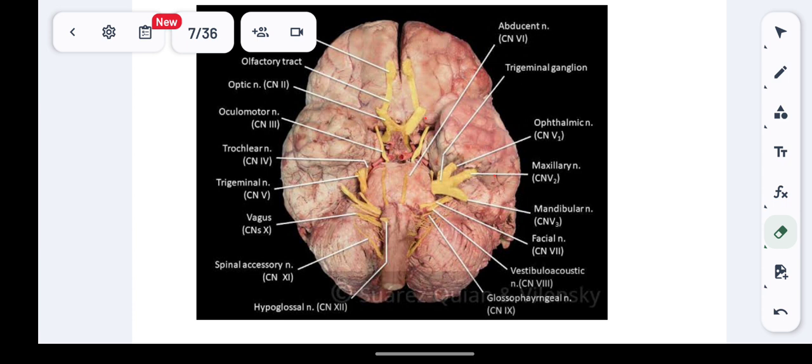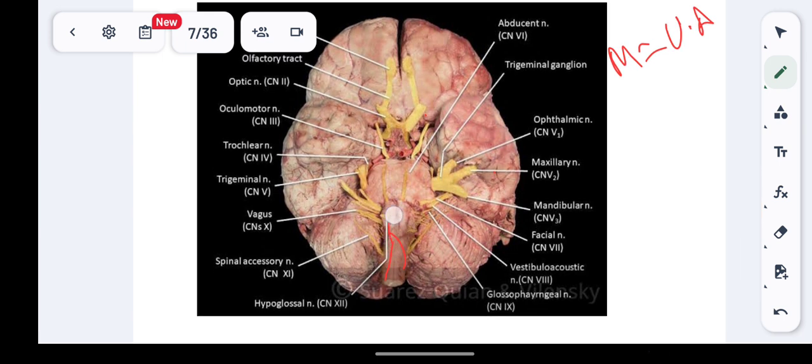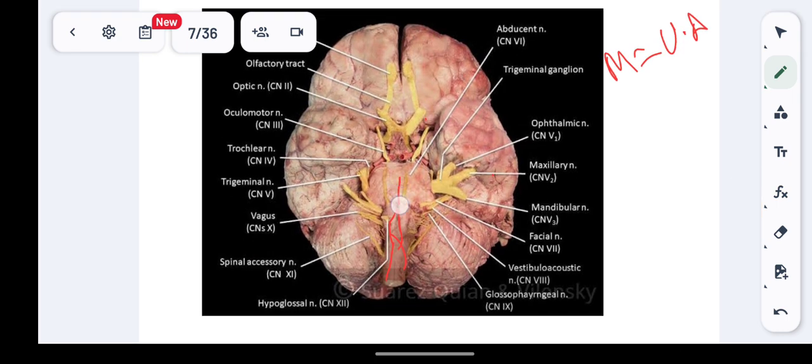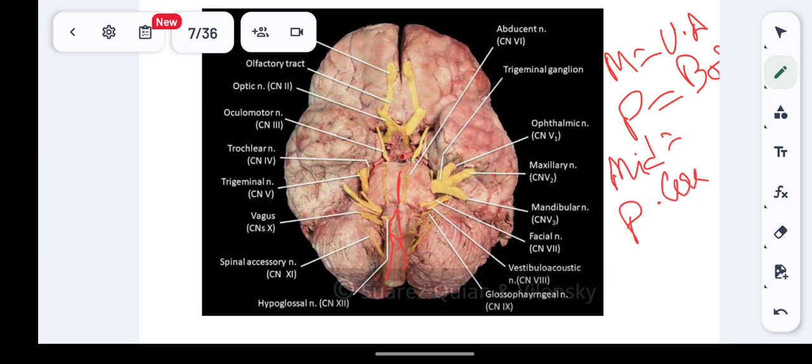For the medulla it is the vertebral artery, for the pons it is the basilar artery, and for the midbrain it is the posterior cerebral artery, it will come here like this. Okay, now we will quickly see all the nerve supply.